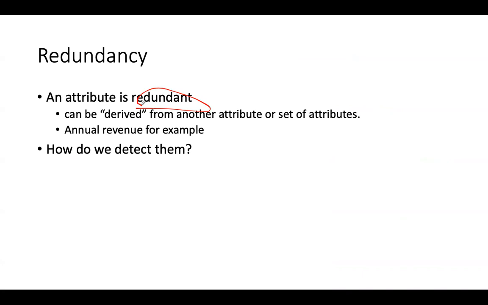We've already looked at one issue here, object identification, from the previous slide. The second issue with redundancy is what we call derivable data, meaning that one attribute can be derived from another table.